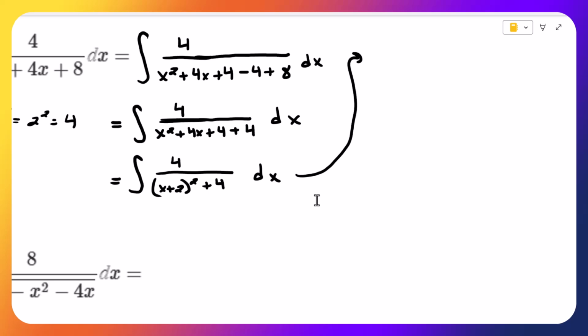So let's pull out the 4. I don't really have to do that, but I can. And let's rearrange it as 4 plus x plus 2 squared. And now, using a trick we used earlier, I'm going to factor out a 4 from both of these things. So I'm going to get 4, the integral of 1 over 4 times 1 plus x plus 2 squared over 4 dx.